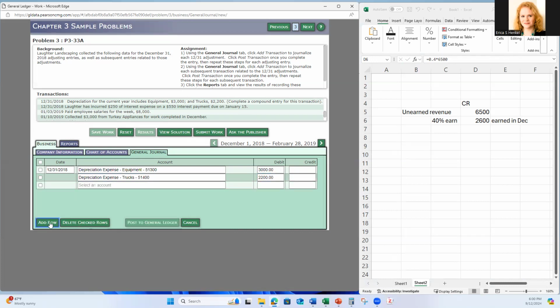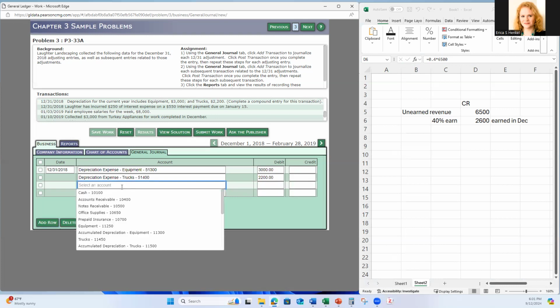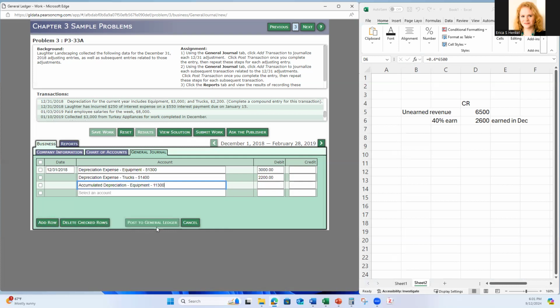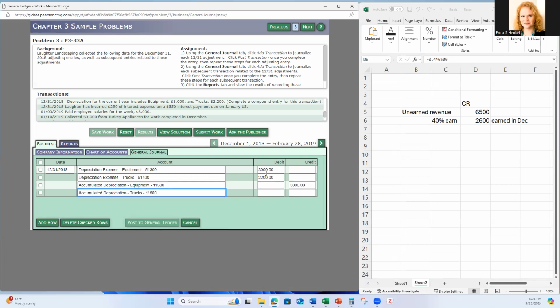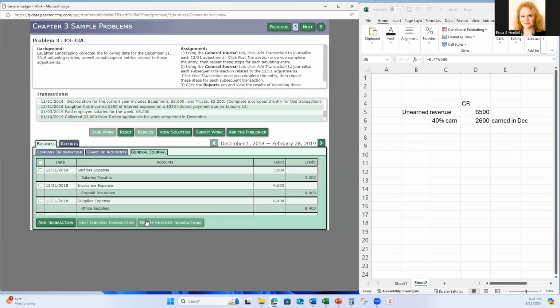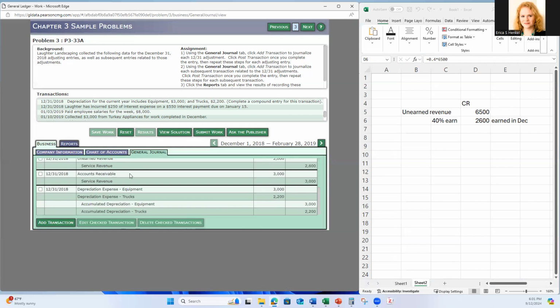Actually, we're going to add 2 rows because we need to put accumulated depreciation, that contra asset, for the 3,000, and we need to do accumulated depreciation trucks for the 2,200. So each type of depreciation has its own expense account and accumulated depreciation account that offsets it. All right, so this is what's called a compound entry because it's hitting more than 2 lines. So we've got that recorded then.